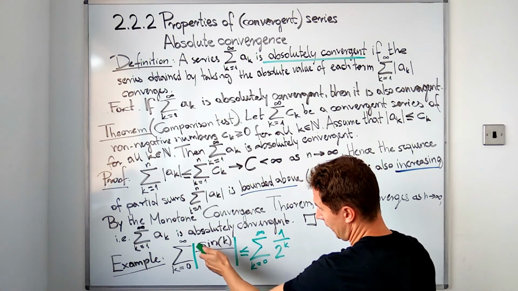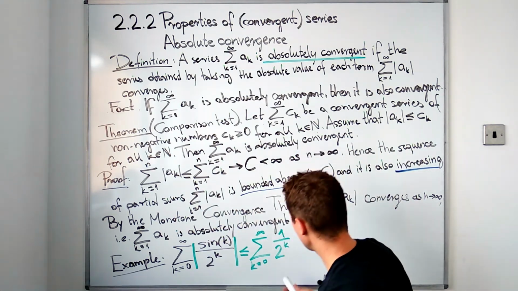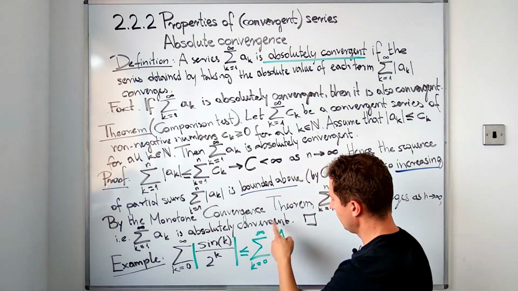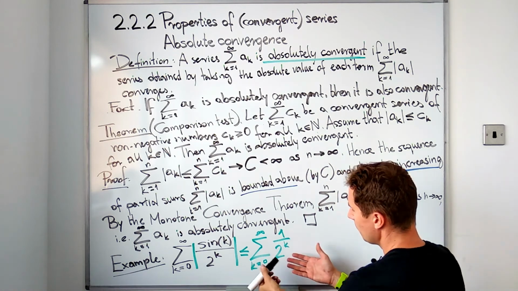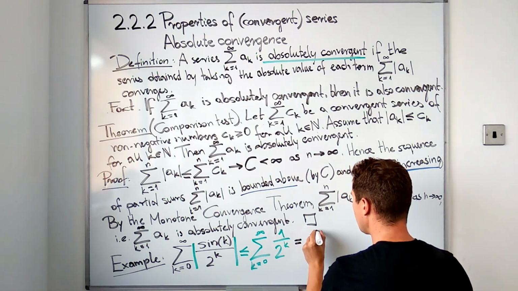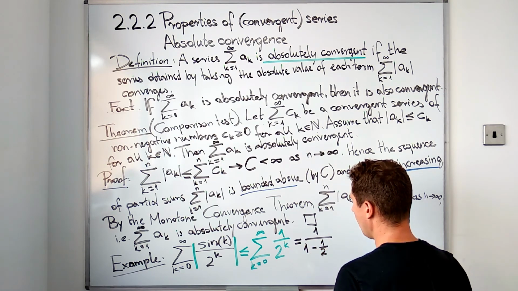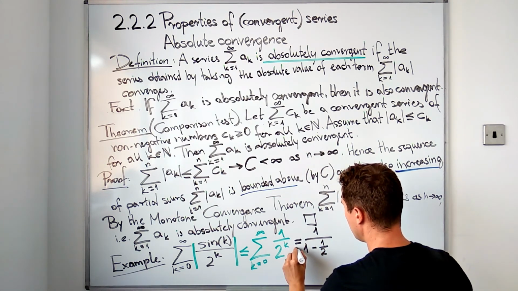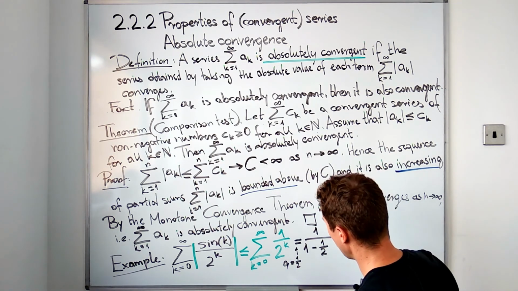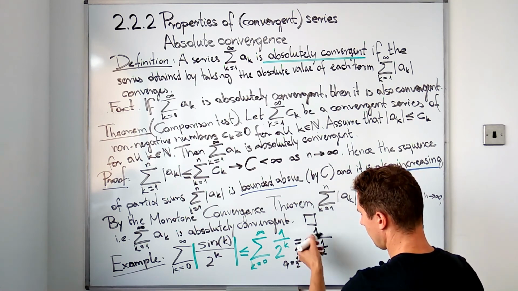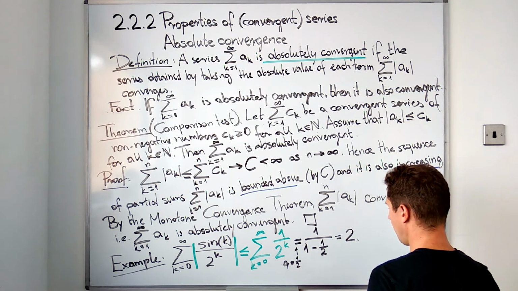The sine function oscillates between -1 and 1, so we can definitely take this to be a comparison series. This is nothing but the geometric series with quotient q equal to a half. This is just the geometric series formula that we have obtained previously, and we get, of course, the sum 2.